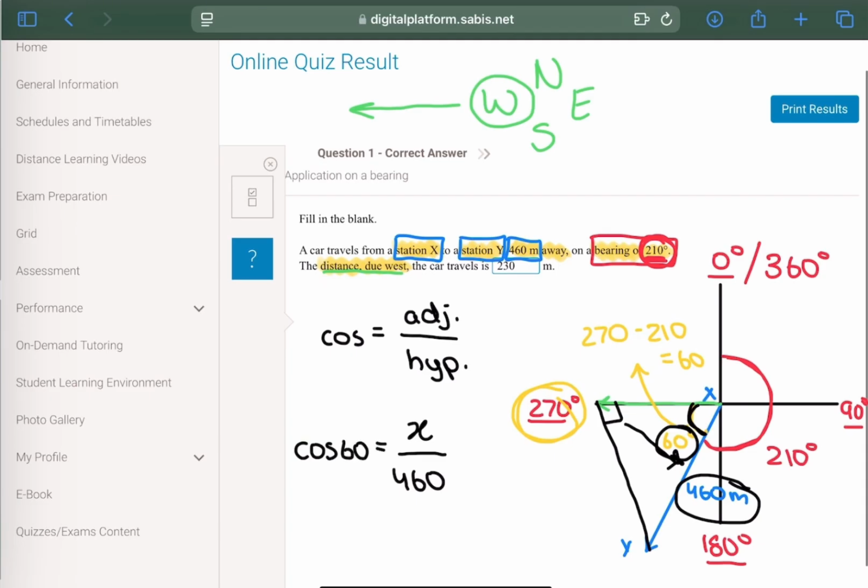Okay, now cos 60 is equal to 1/2. So that's going to be 1/2 is equal to X over 460. If you do cross multiplication like that, you're gonna get 230, which is our answer.